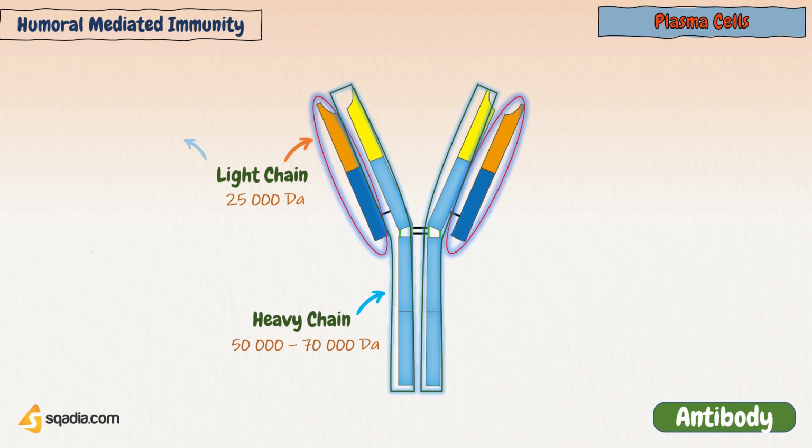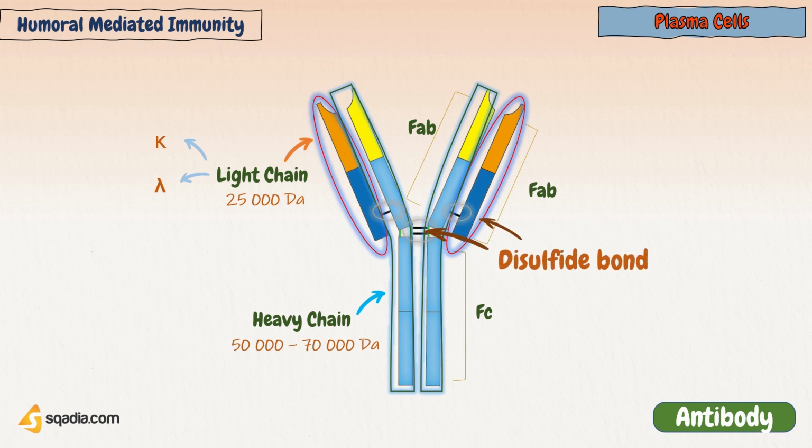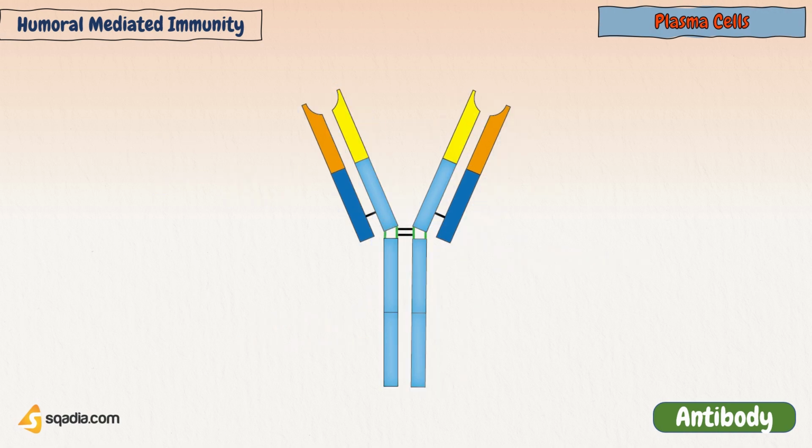There are 2 types of light chains, denoted by kappa and lambda. The heavy chain contributes to Fc and Fab regions, while the light chain contributes only to the Fab region. The 4 chains are linked by disulfide bonds. An individual antibody molecule always consists of identical H chains and identical L chains.